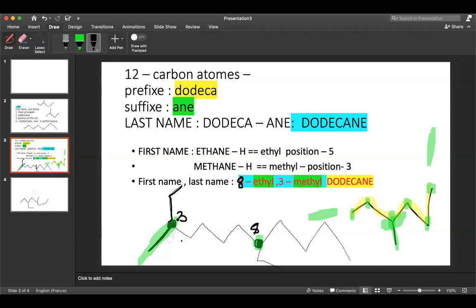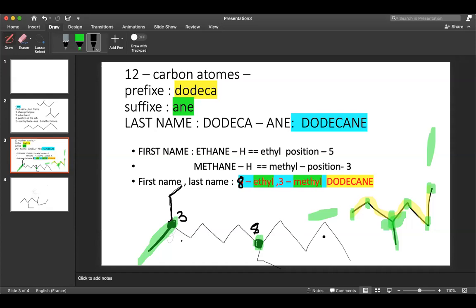In this case, the lowest index is number 3. You're not supposed to count in both directions. There is no way you would be going to carbon 4 using two directions. So if you're starting from this side, you'll be like 1, 2, 3, 4, 5, 6, 7, 8. Number 8. That's the route you're supposed to take.